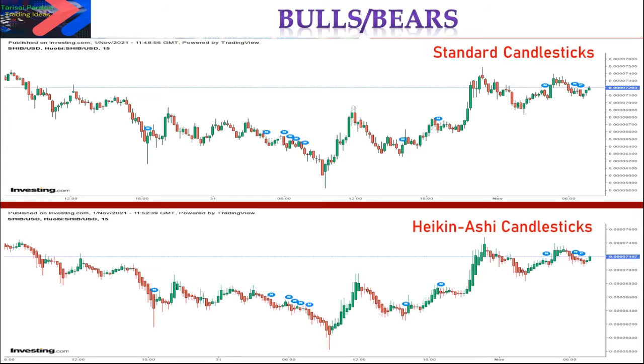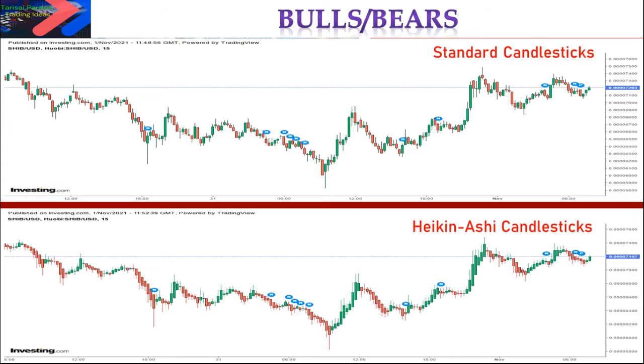On the standard chart candlesticks, this may not be clear when we look at the color change or the mixture of the colors of the candles, which is red and green. You can't actually see the dominant color or the dominant direction of the trend.